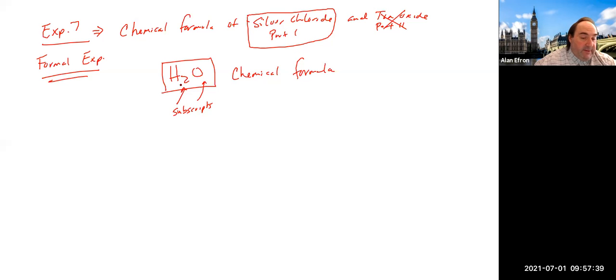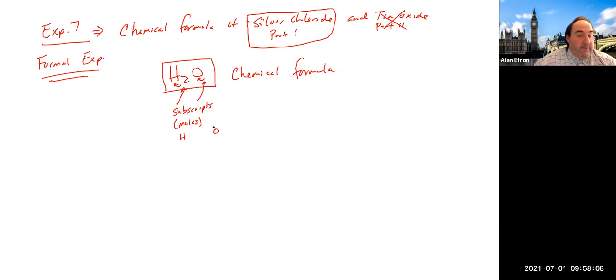The subscripts always go to the element to the left of it. And if nothing is written there, it's assumed to be one. Now, in addition, those subscripts do represent the moles of each of those elements. They represent the moles of hydrogen in this case, and the moles of oxygen that are there as well. So we talked a little bit about moles today, obviously.